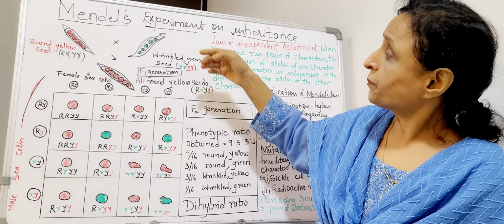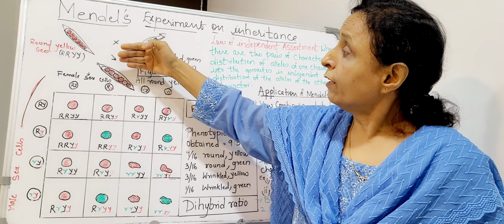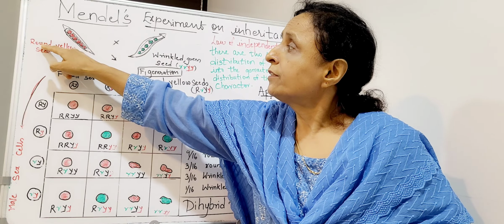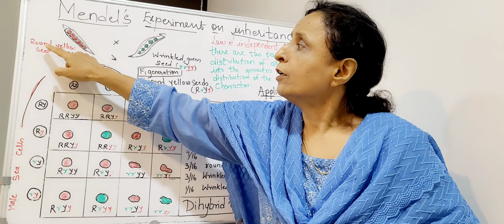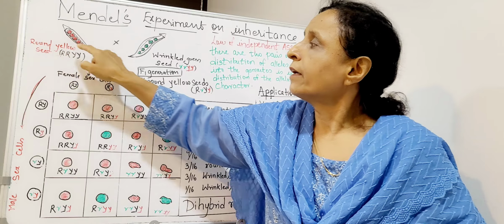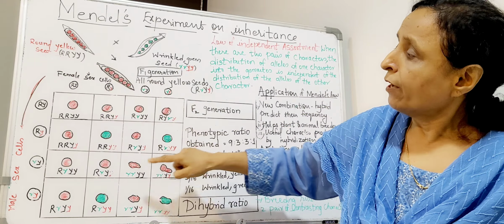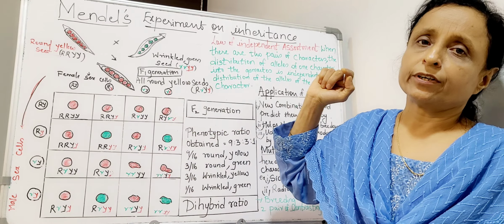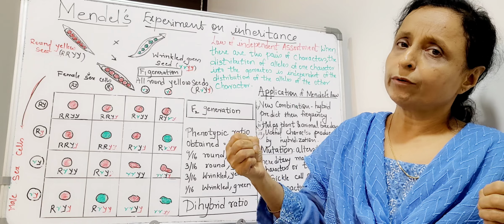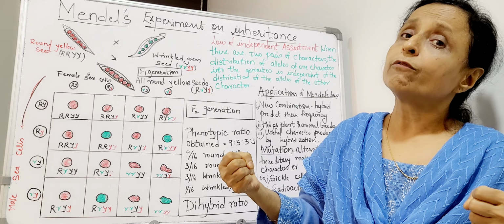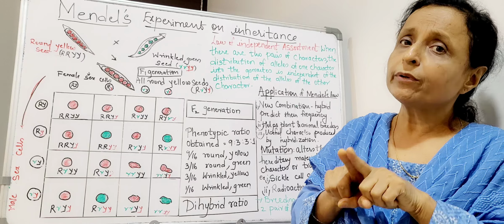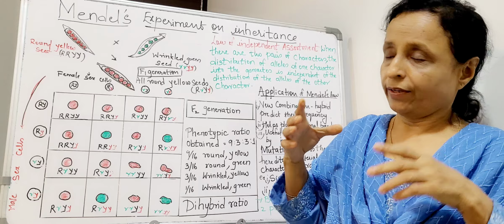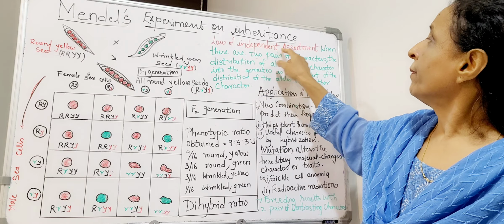And then the color, round and yellow. Roundness is the shape, yellow is the color. So the shape and the color are independent of each other in the formation of the gametes and ultimately the formation of the progeny. So there is independent assortment of the gametes which will form, the alleles which will come together, and the characters of the trait which are formed in the progeny. So that is the law of independent assortment.